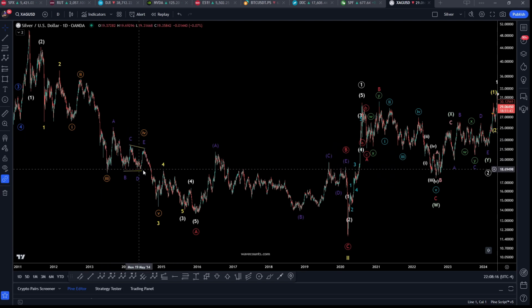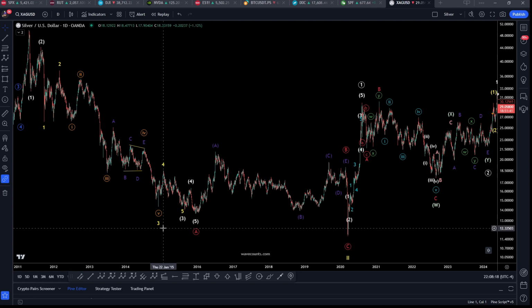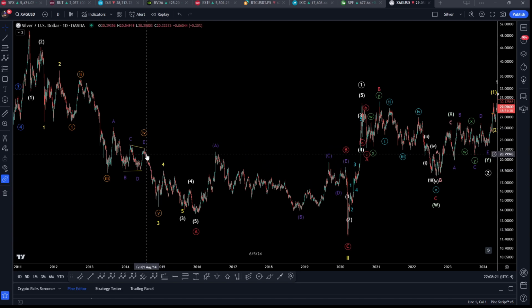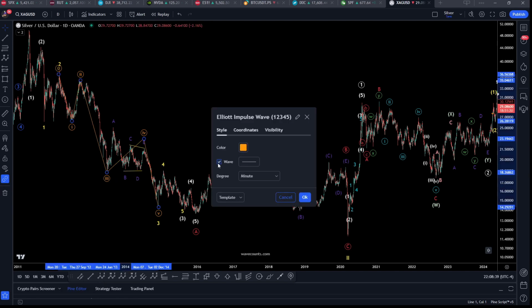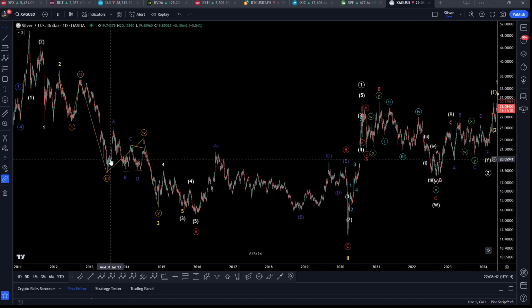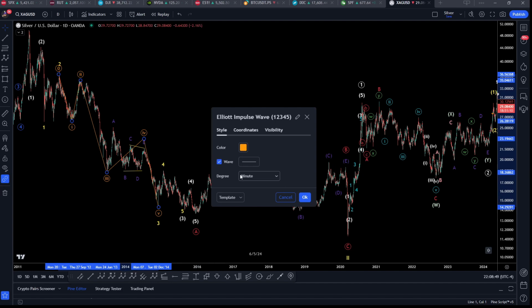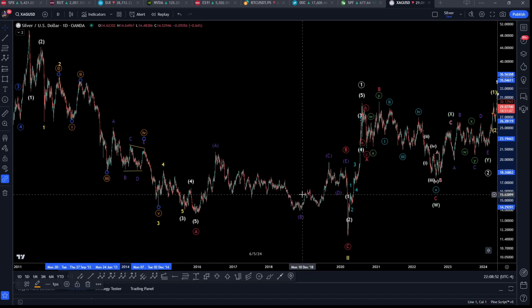Right, so the B and D create a barrier which will later be broken, which this one was. Okay, and triangles always precede or are the final wave of a degree. But they always precede the final actionary wave. In this case, the orange count, right? The orange count. I'll put the waves up on it. This triangle preceded the final actionary wave for the orange count. Or, as we'll get to later when we have another triangle, is the final actionary wave.